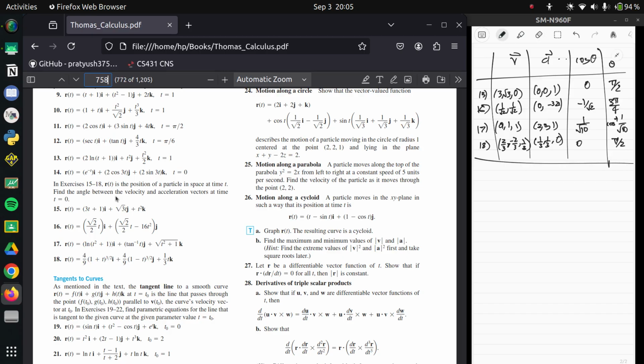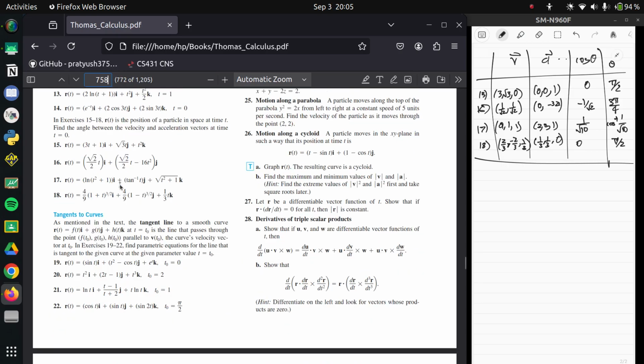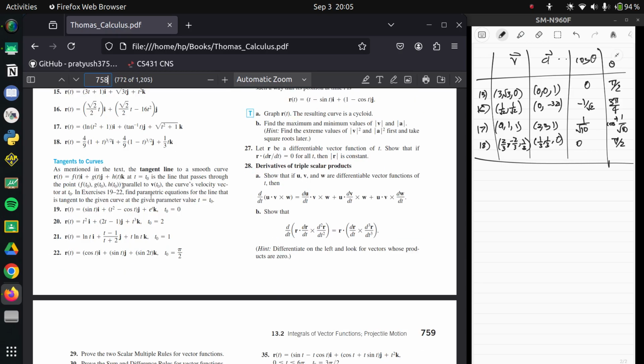Tangent to the curve. As mentioned in the text, the tangent line to a smooth curve is the line that passes through the point and is parallel to v. Find parametric equations for the line that is tangent to the given curve at the given parameter value t equal to t1. You're given some t values, and will have some r of t naught.